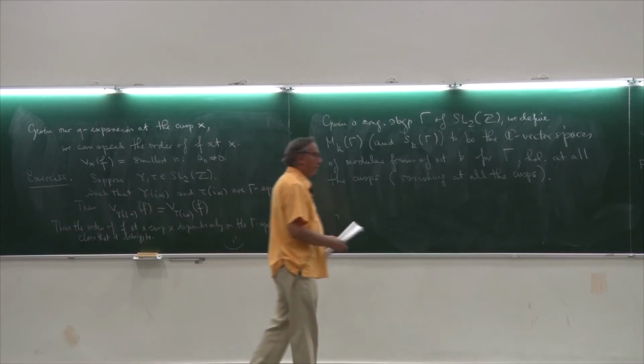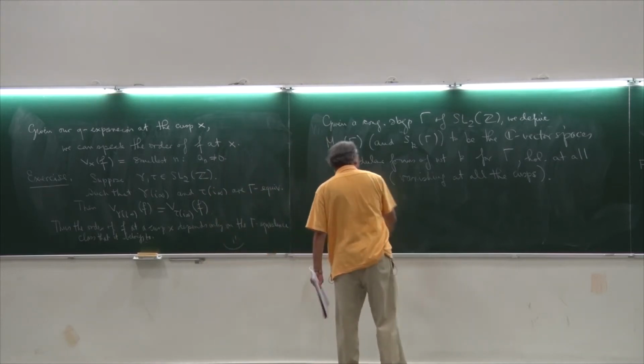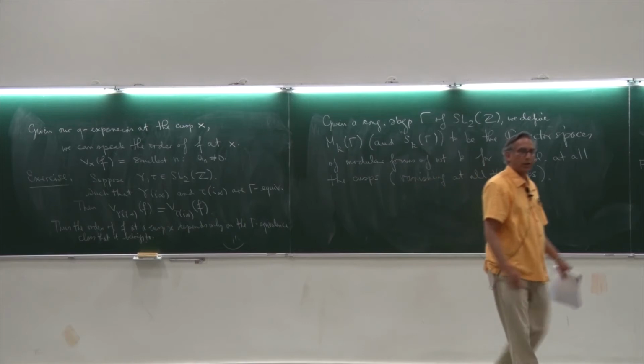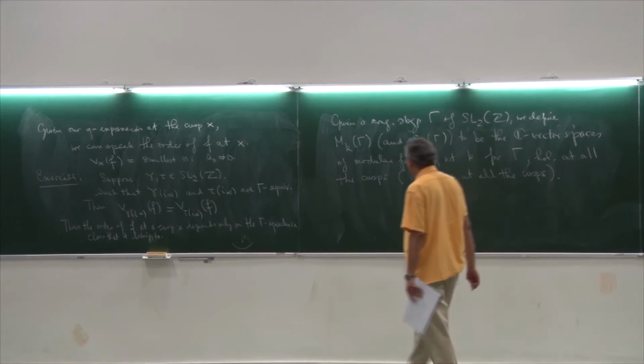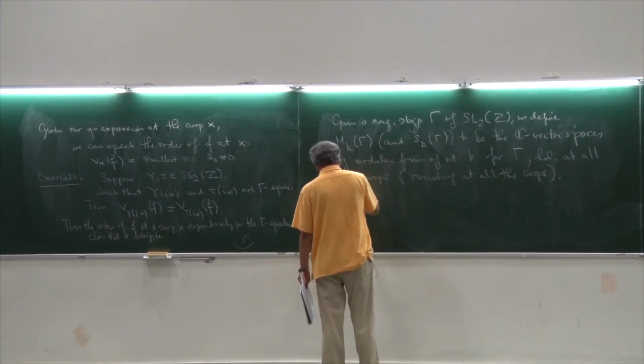So in that case, you will remember that we essentially constructed the Eisenstein series with our bare hands. We did explicit constructions of modular forms with our bare hands. So we're going to do the same thing here. So Eisenstein series.